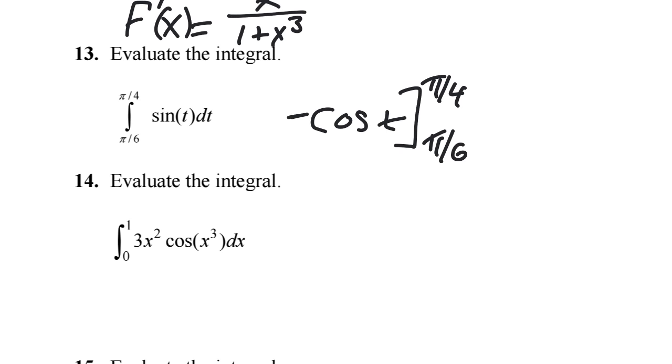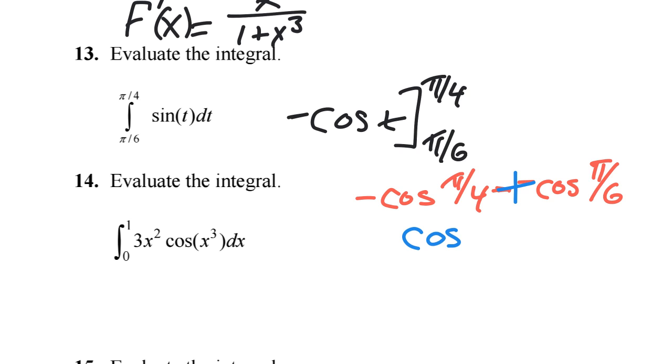And then writing it out, this is going to be negative cosine of pi over 4 minus a negative cosine of pi over 6, which is interesting here. Notice that this becomes a plus, and so that would be cosine of pi over 6 minus cosine of pi over 4.